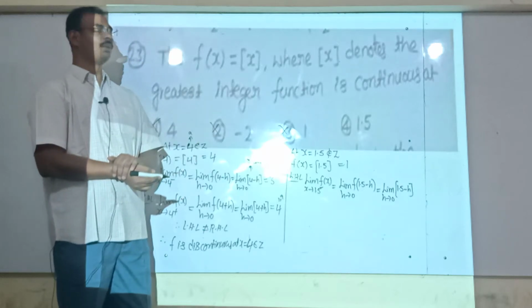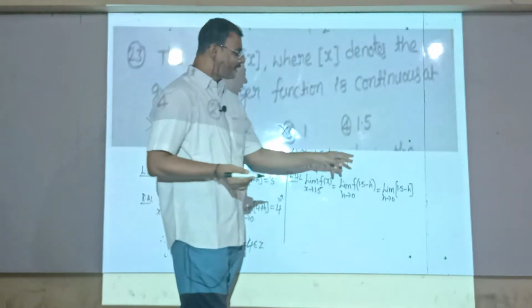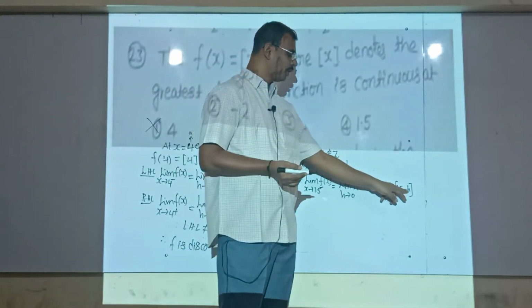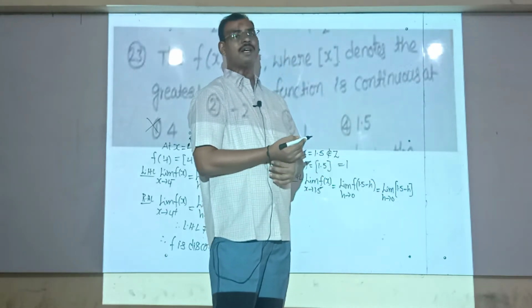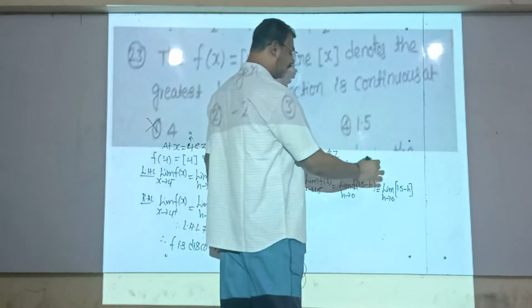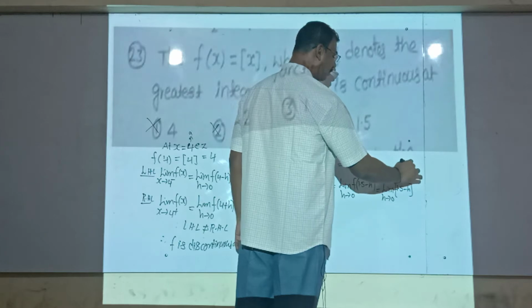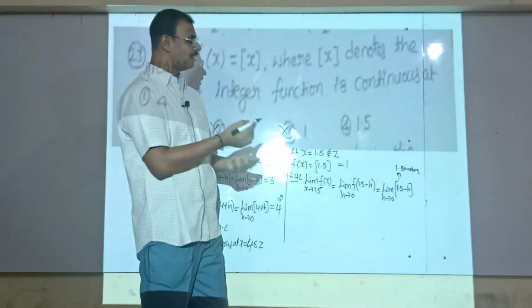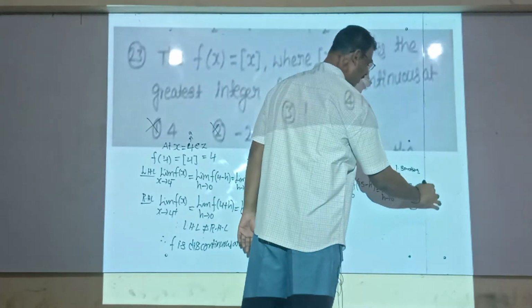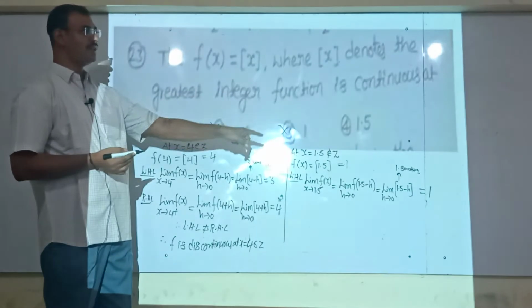Suppose you take 0.1 or 0.001 and subtract it from 1.5; we get 1 point something only. What is the greatest integer of 1 point something? It is equal to 1, since it lies between 1 and 2. So I got the left hand limit equal to 1 when it is not an integer.